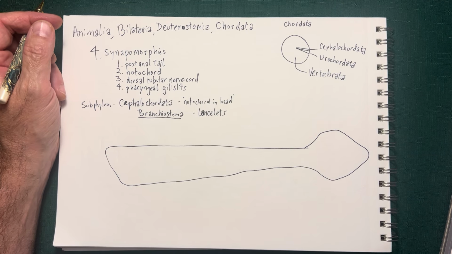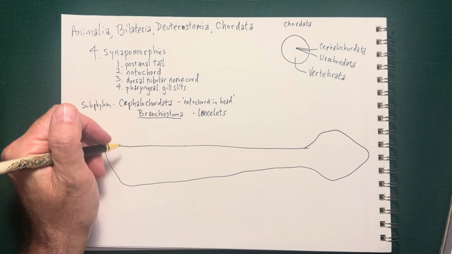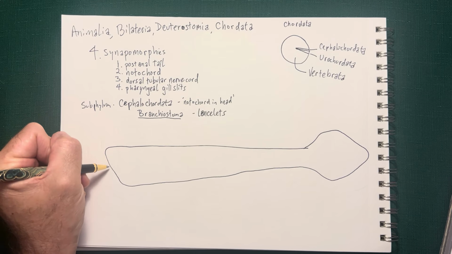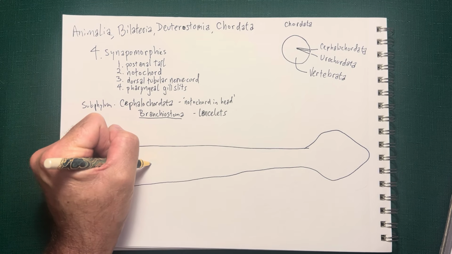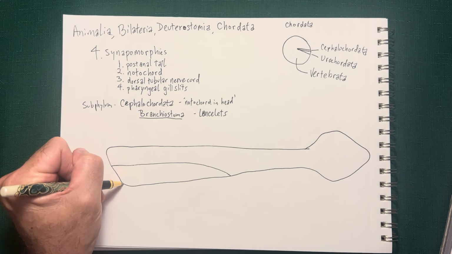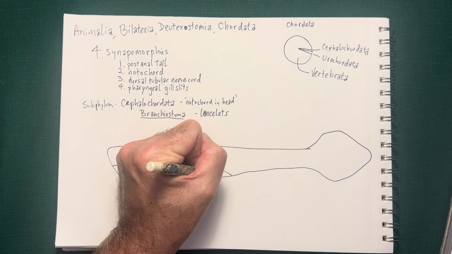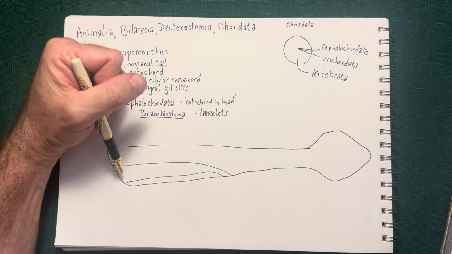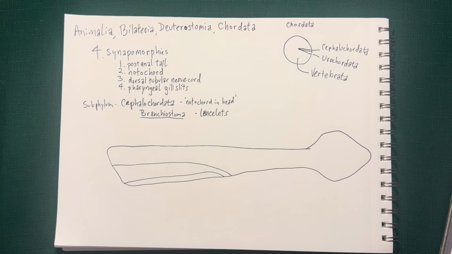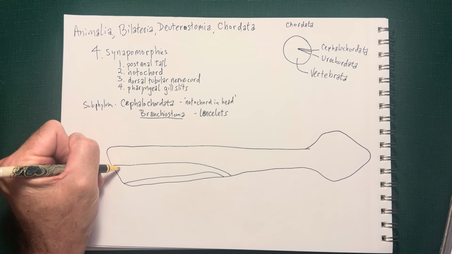Okay. All right. So, I'm going to start drawing here. There's going to be this cavity here. And you might say, aha, we've got a mouth and we've got an anus. But nope. Notice I haven't labeled anything yet, so don't you label anything yet. And I'll get to why in a moment here.